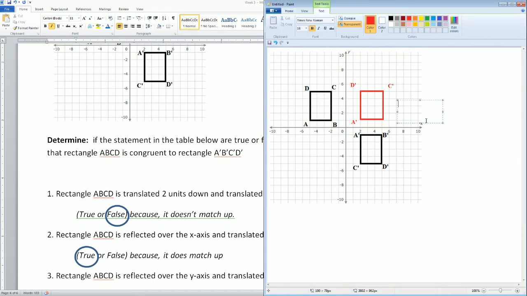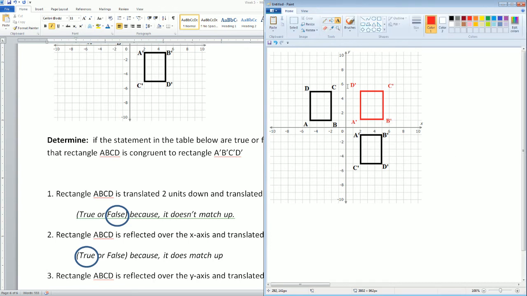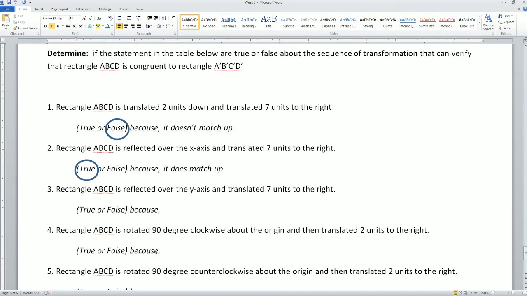And B prime is right there. Then you're going to move it 7 units to the right. So it's right here. 1, 2, 3, 4, 5, 6, 7. Doesn't do anything. So this is false, because it doesn't match up.